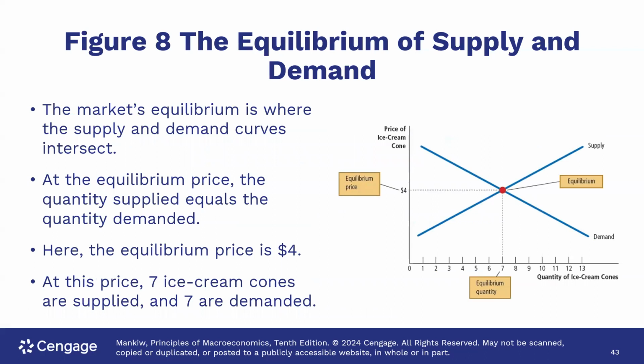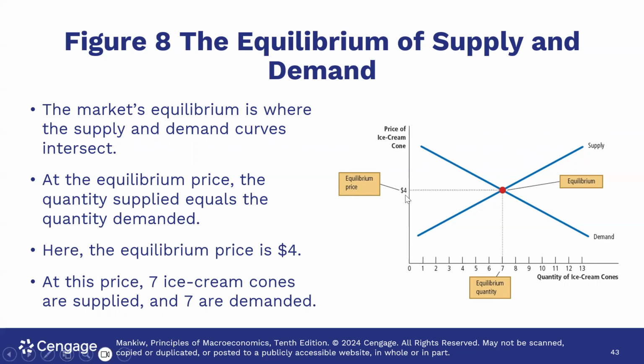Right. So let's use a graph to get a more straightforward idea. So the market equilibrium is where the supply and demand curves intersect. So you can see what that really means. When those two curves intersect, you will find that the quantity demanded is exactly equal to the quantity supplied at that equilibrium price.